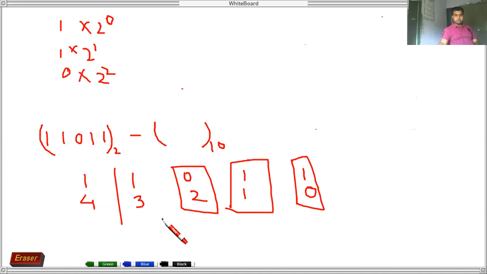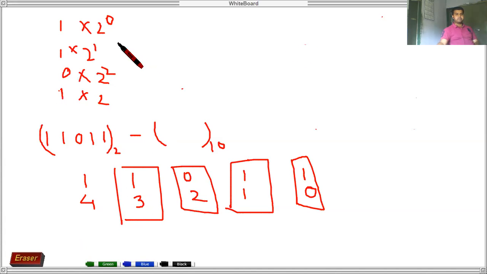Then this part, 1 into 2 to the power 3. And lastly, this one, 1 into 2 to the power 4.